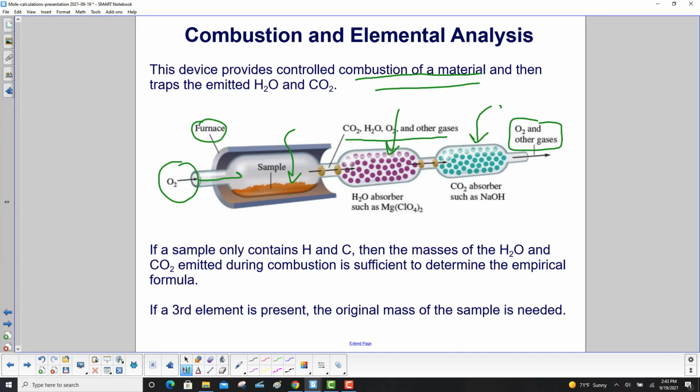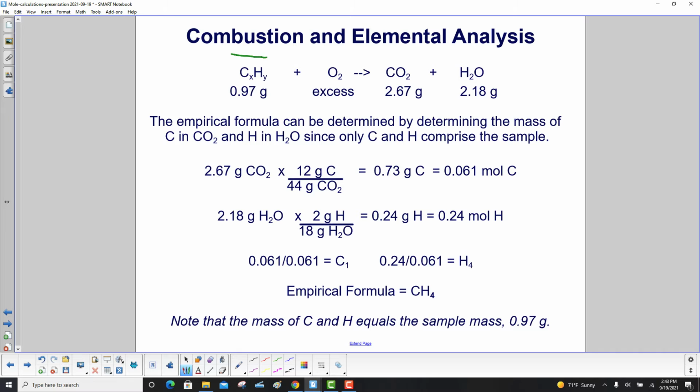Now, if our sample only contains hydrogen and carbon, then the masses of the water and CO2 emitted during combustion is sufficient to determine the empirical formula. If a third element is present, then the original mass of the sample is also needed. Here's the analysis of what happened on the previous slide.